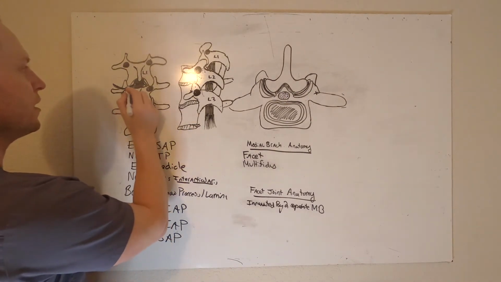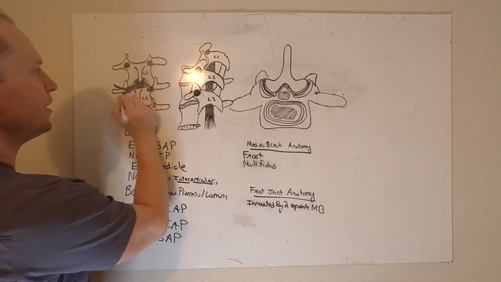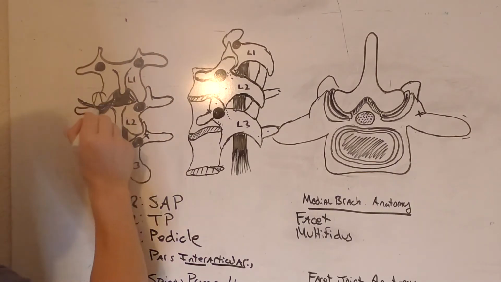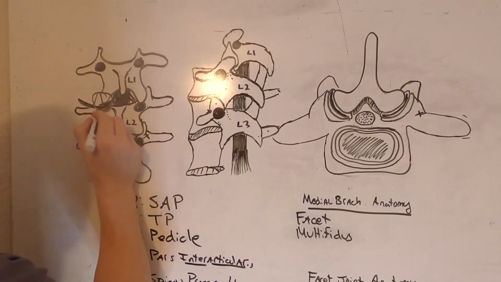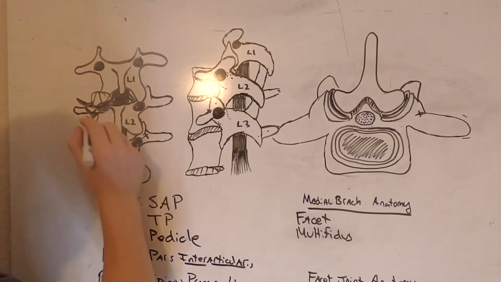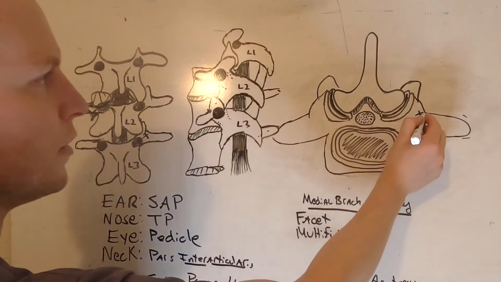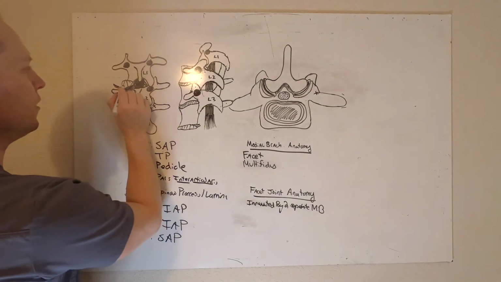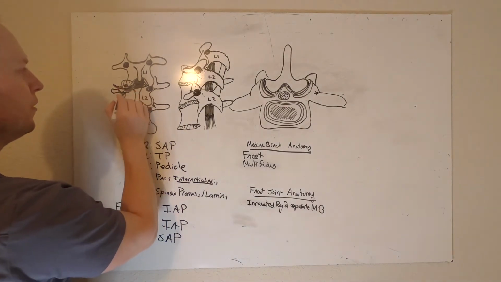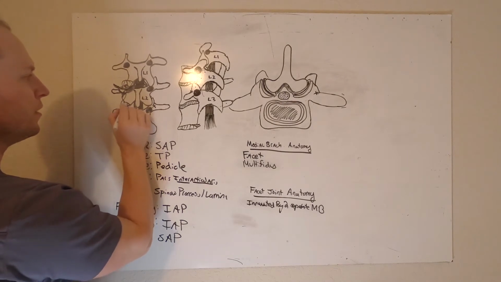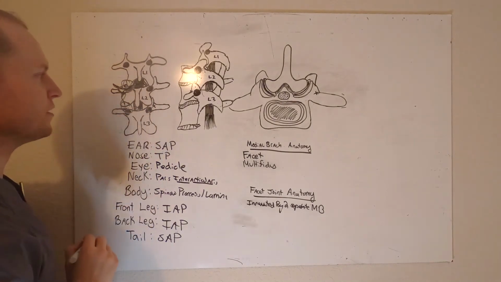So this is the L1, L2 facet right here. This L2 nerve root is going to wrap around and lay right on this spot right here, and innervate this facet joint. It will also have a branch that descends and go to the L2, L3 facet.